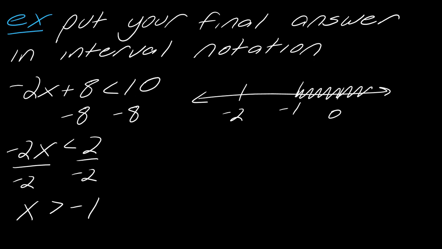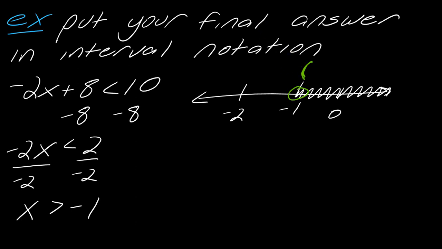And what symbol do I put at negative 1? Since it's a strict inequality, you can use an open dot or a round parenthesis. It doesn't matter, they mean the same thing. I'm partial to using the parenthesis, because when I want to write interval notation, it makes it easier.